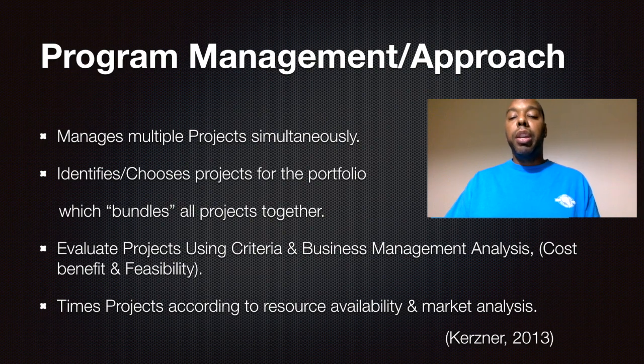Program management is not just project management; it manages the programs under the umbrella of the organization. Program management also chooses specific projects for the portfolio, which allows all of those portfolio projects to be bundled together under one umbrella.